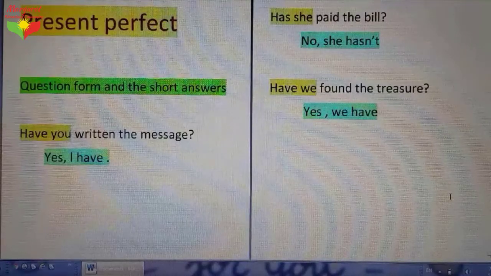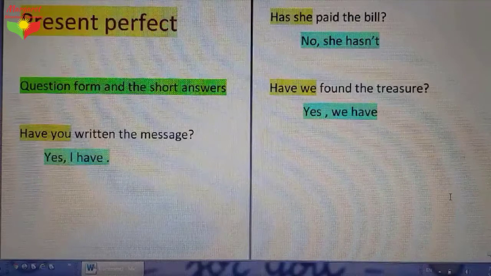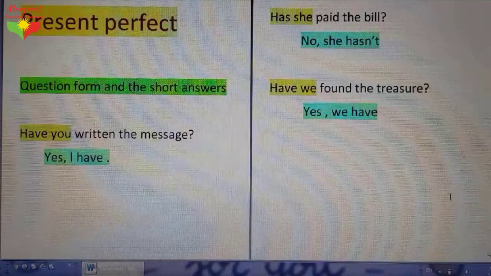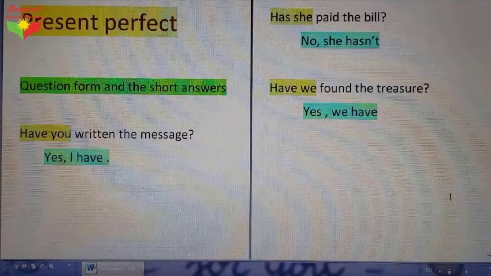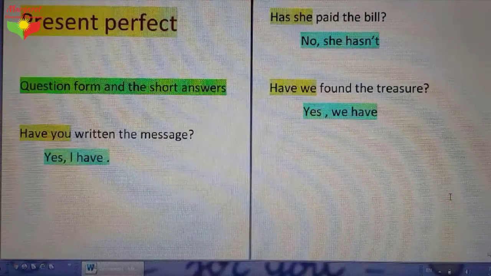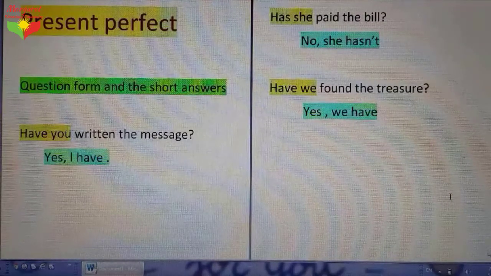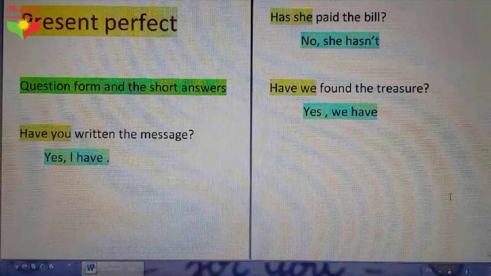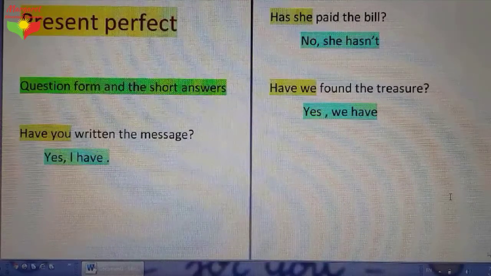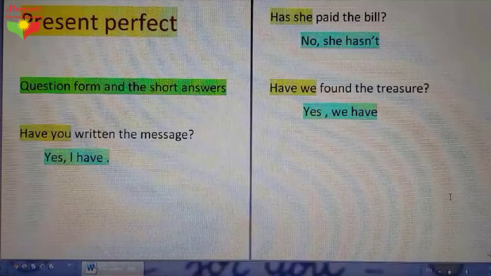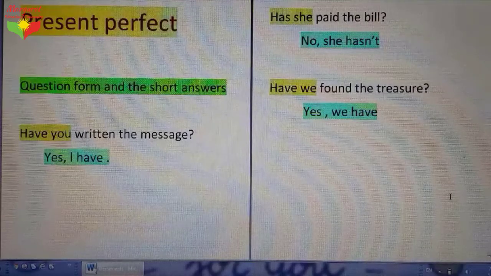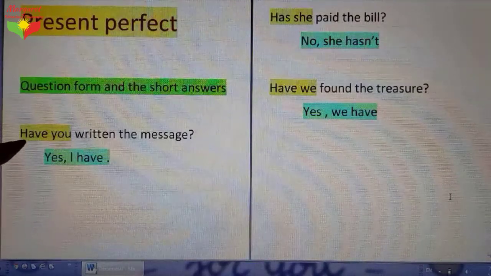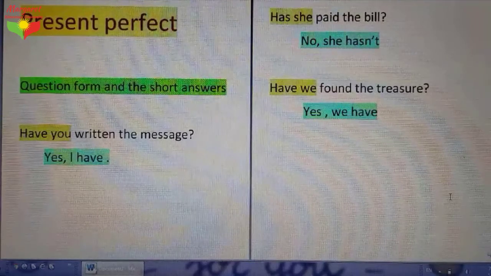Do you remember about capitalization? We said that when we write down a sentence, we must write the first letter in the capital way. So the first word should be in the capital way. So that's why we wrote this in a capital way.